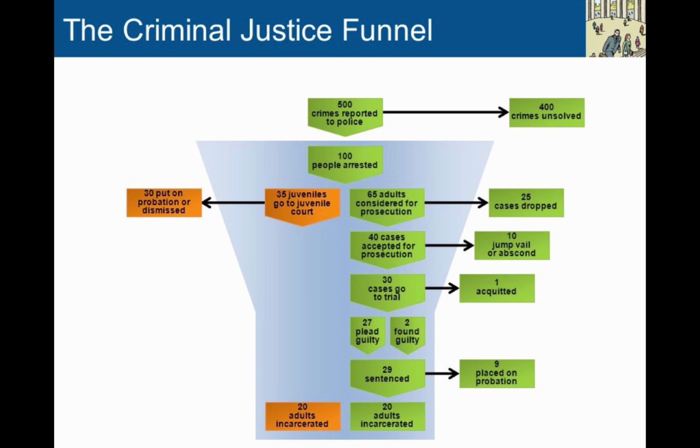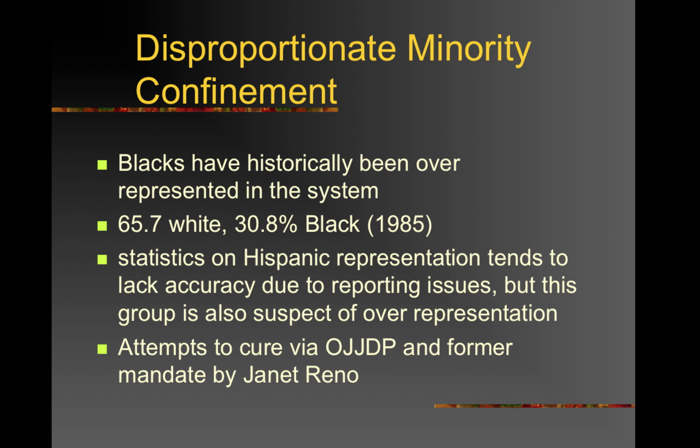So for all the cases where the police receive a complaint or investigate the case, a very, very small proportion of those people wind up getting locked up. What we know is that minority youth and youth with lower socioeconomic status are much more likely to be locked up than those that have different master statuses.